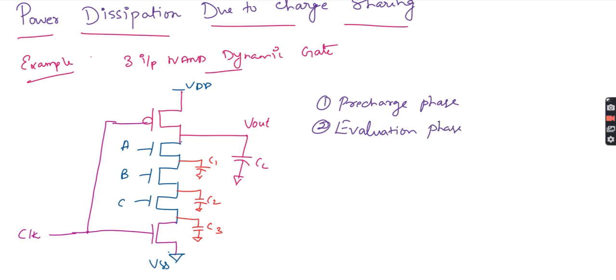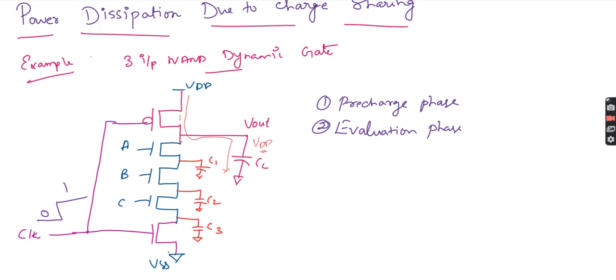During the pre-charge phase, the output node will be charged fully, meaning when clock is equal to 0. See here, I will draw the clock like this. This is 0, this is 1. When clock is equal to 0, what will happen? Your PMOS will be on, then VDD will charge the output. This will be charged completely, correct? Irrespective of the inputs A, B, C.